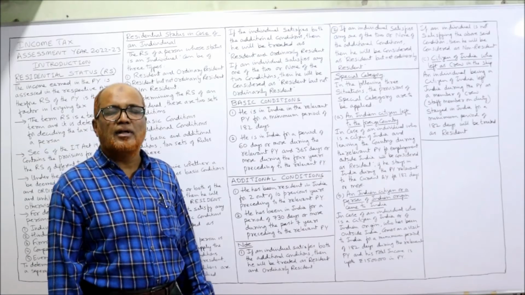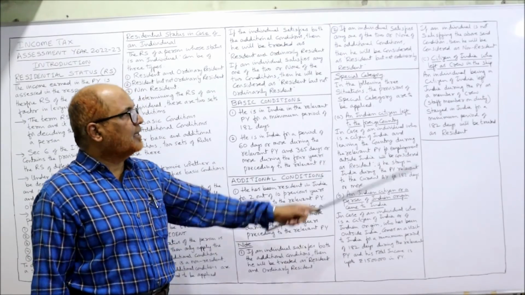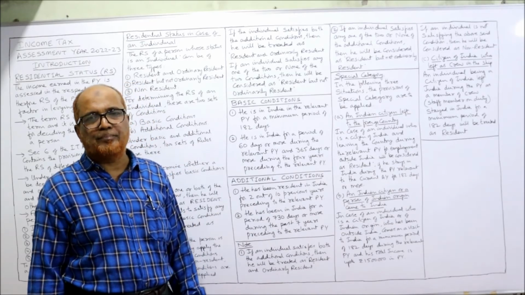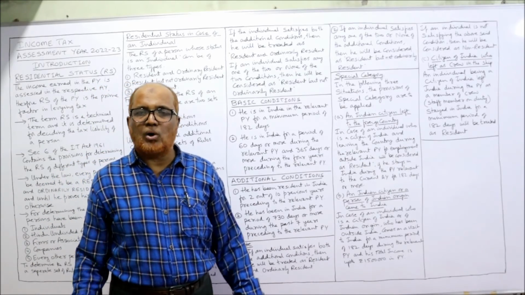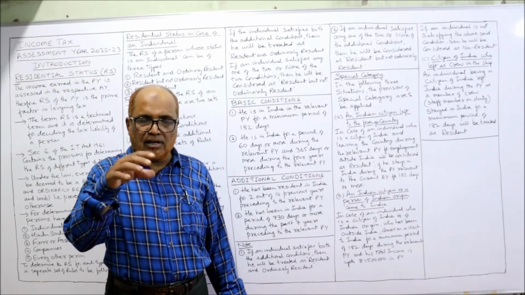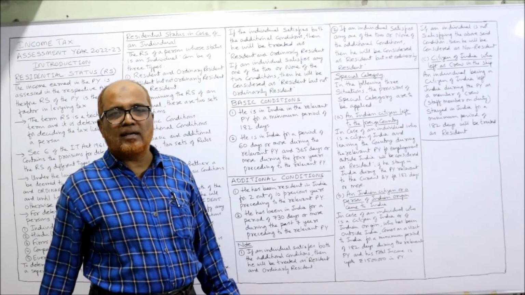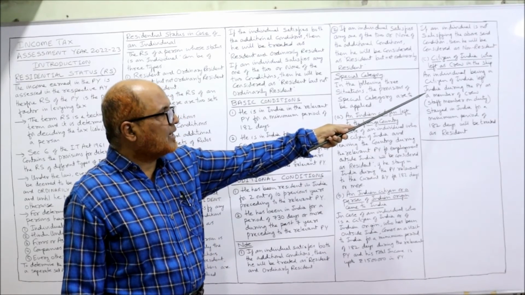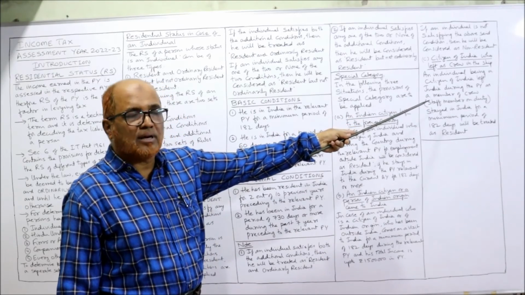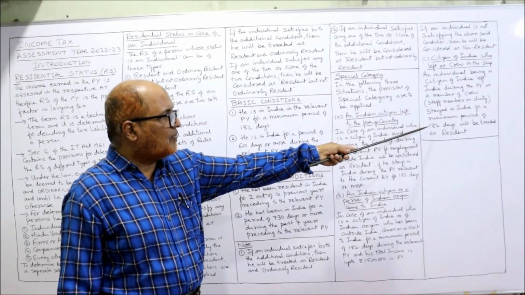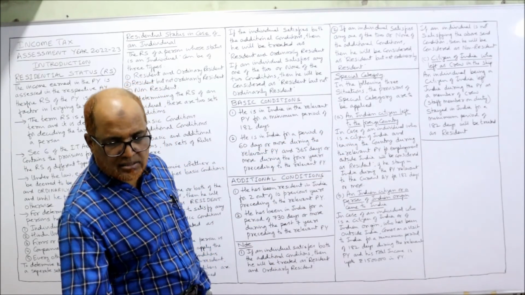Two cases are over. The third special category is a citizen of India who left as crew on a ship. The staff members of the ship are called crew. For the crew, the provisions regarding residential status are: an individual, being a citizen of India, who left India during the previous year as a crew member, a staff member on duty, and stayed in India for a minimum period of 182 days, will be treated as resident.